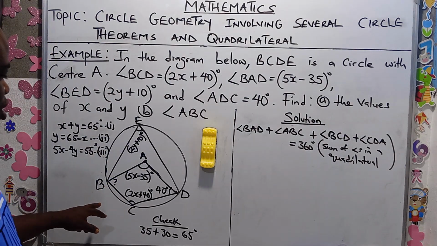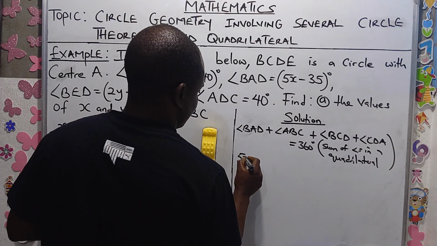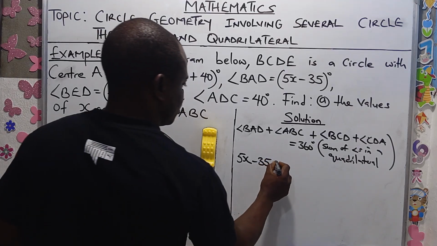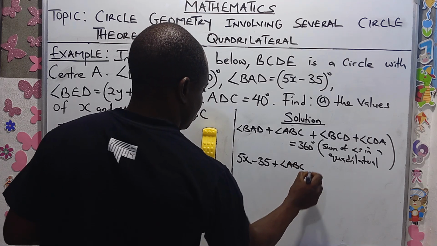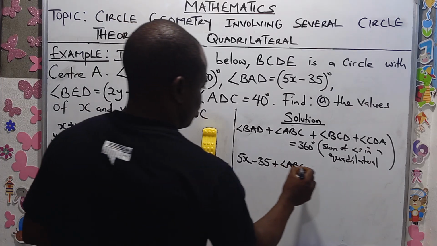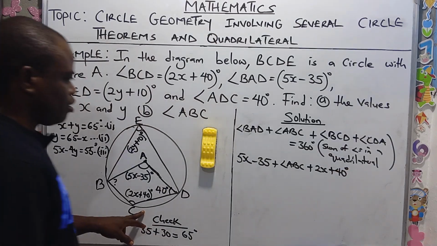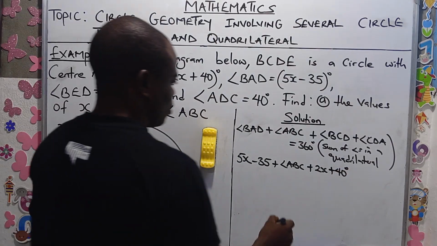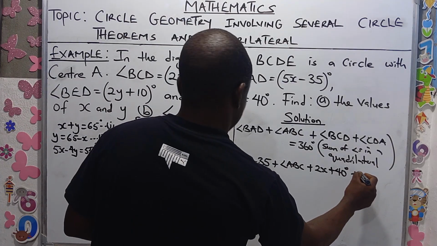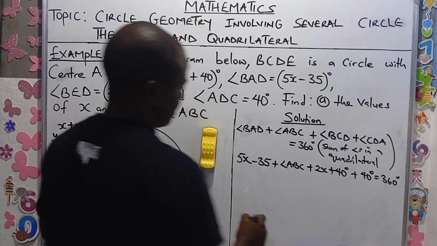What's angle BAD? Angle BAD is 5x minus 35, plus angle ABC, that's what we're looking for, plus angle BCD, which is 2x plus 40 degrees, plus angle CDA or ADC, that's another 40 degrees, equals 360 degrees.